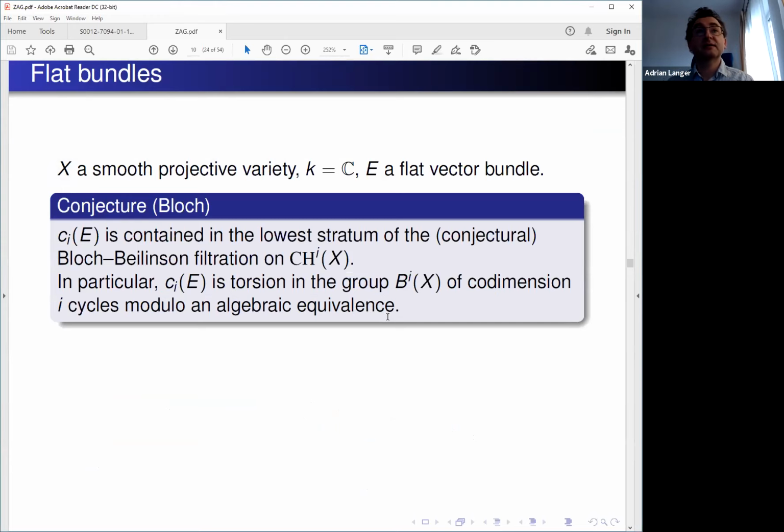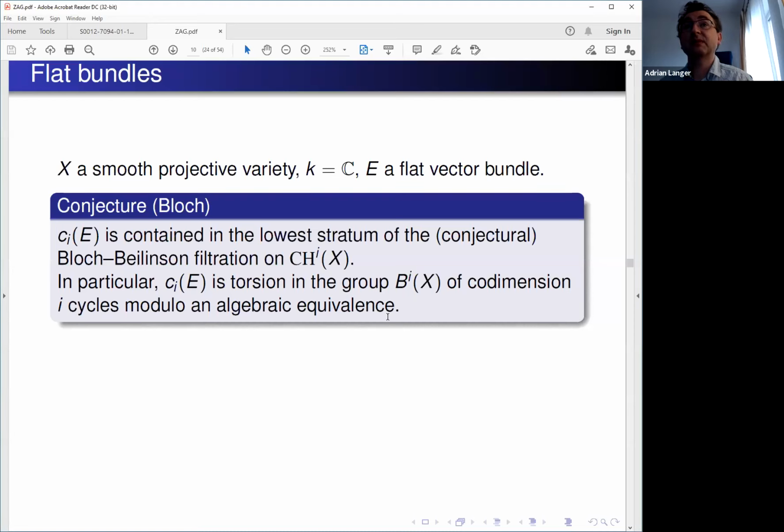I'm going to talk about the conjecture of Bloch, which is a conjecture on Chern classes of flat vector bundles on smooth complex projective varieties. The conjecture says that these Chern classes should live in the lowest possible stratum of the Bloch-Beilinson filtration on the Chow group of codimension i cycles.